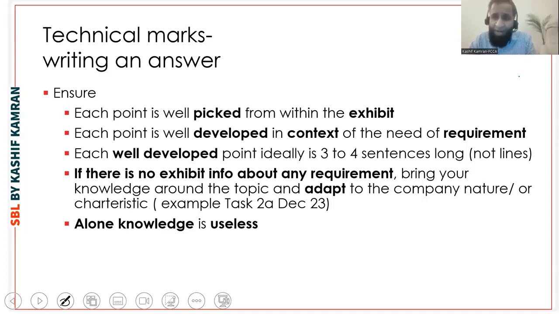Or if you're trying to give an extra control for a security layer, and that extra control is very generic and not in the context of NC Tech as an organization, that's useless. So ask yourself: have I picked points from the case exhibit? How many points in my answer for 36 marks, task 1A and 1B, have been well picked up from the case study?